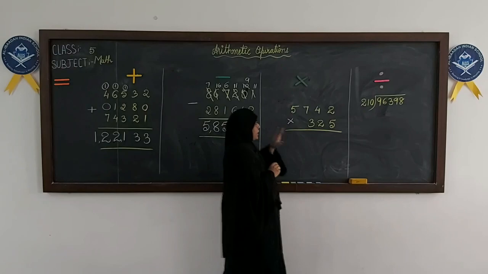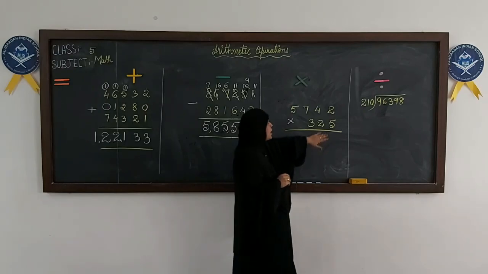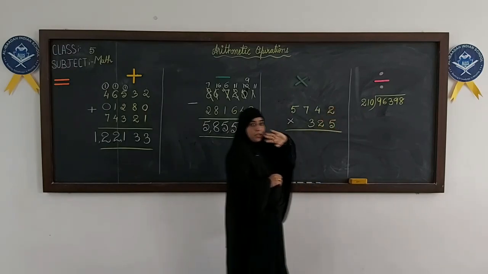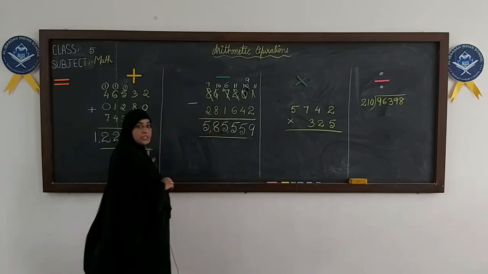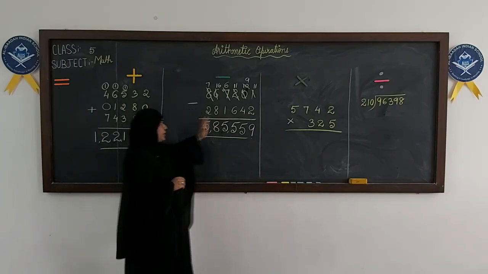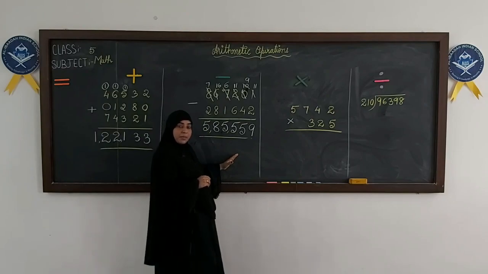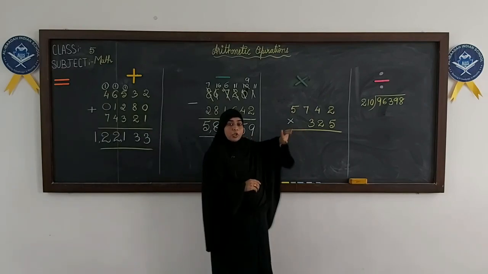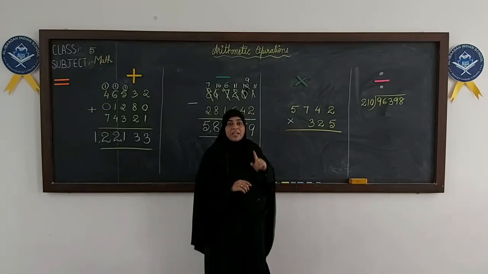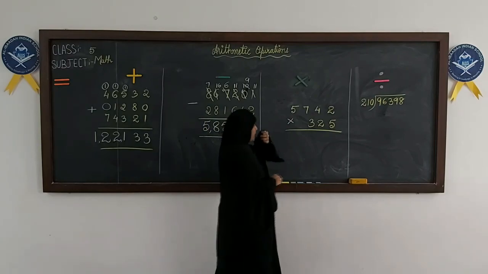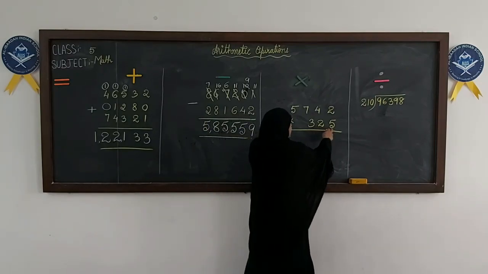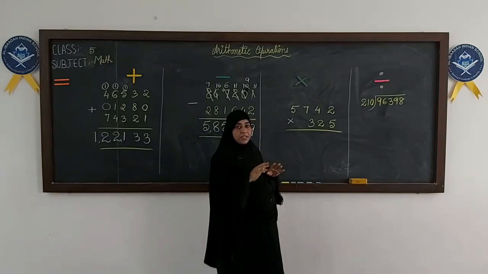When we are multiplying, again we start from the ones place. See children, when we did addition, we started from the ones place. When we did subtraction, we started from the ones place. Multiplication also we start from the ones place. So we have 3 digits in the multiplier. This part is very important.